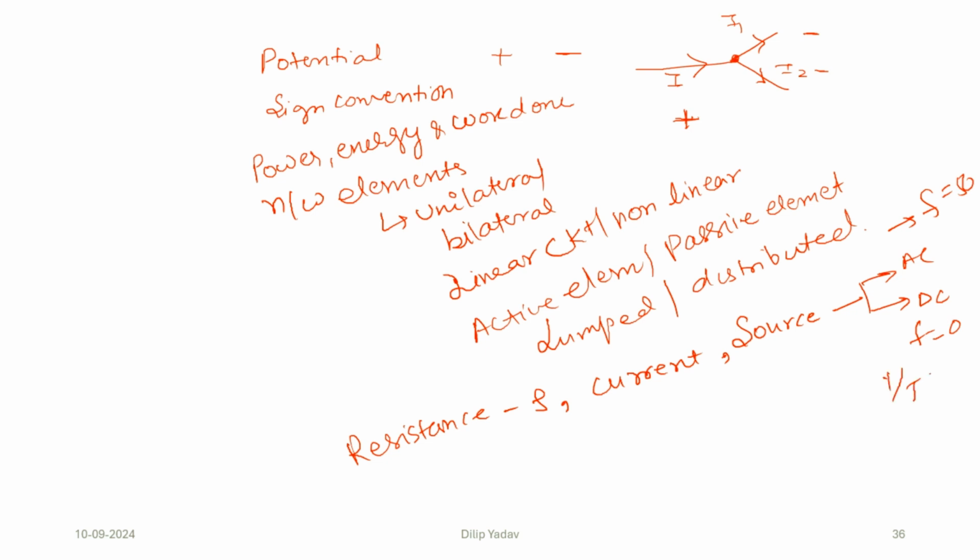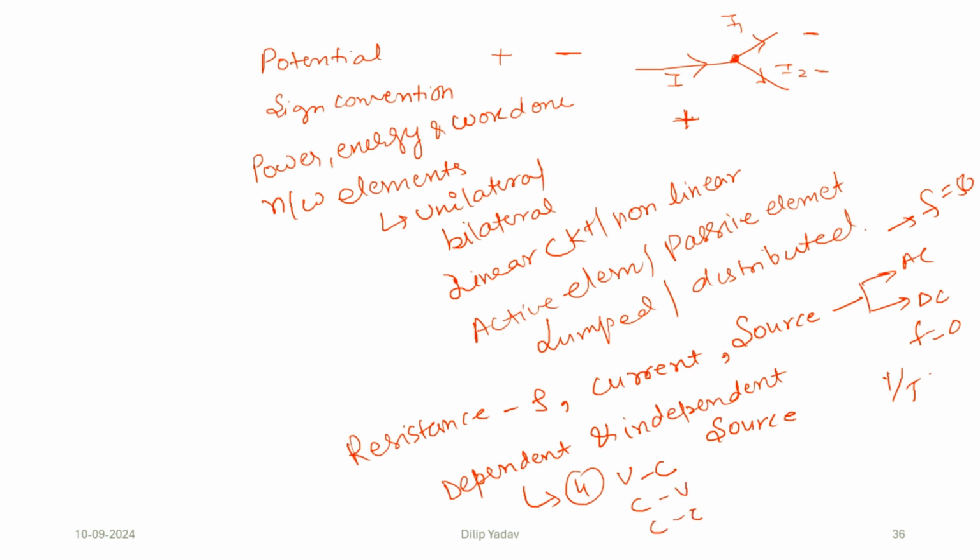Then coming forward, in the sources we have dependent and independent sources. In the dependent sources we have studied four types of sources: voltage dependent current source, current dependent voltage source, current dependent current source, and voltage dependent voltage source.